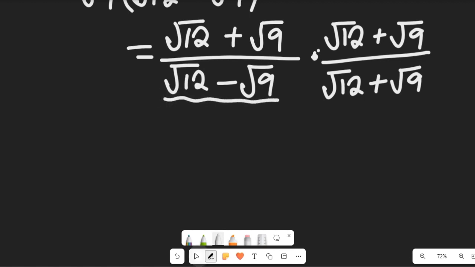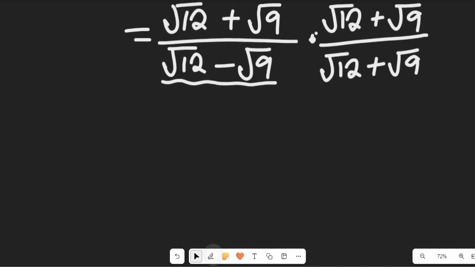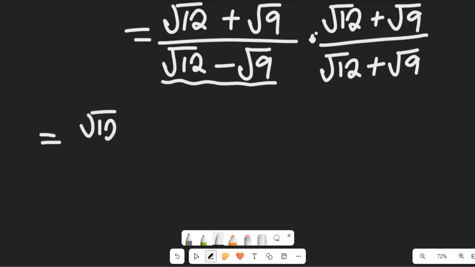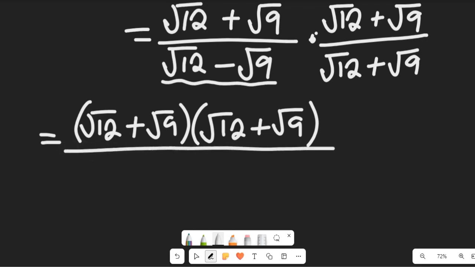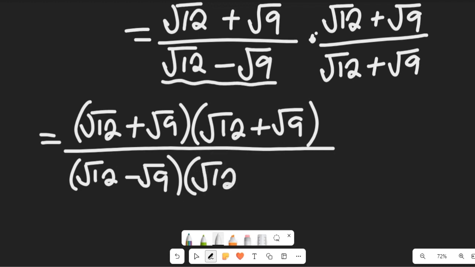So if we do that, the expression becomes: the numerator, the square root of 12 plus the square root of 9, multiplied by the square root of 12 plus the square root of 9. And below, the denominator, the square root of 12 minus the square root of 9, multiplied by the square root of 12 plus the square root of 9.